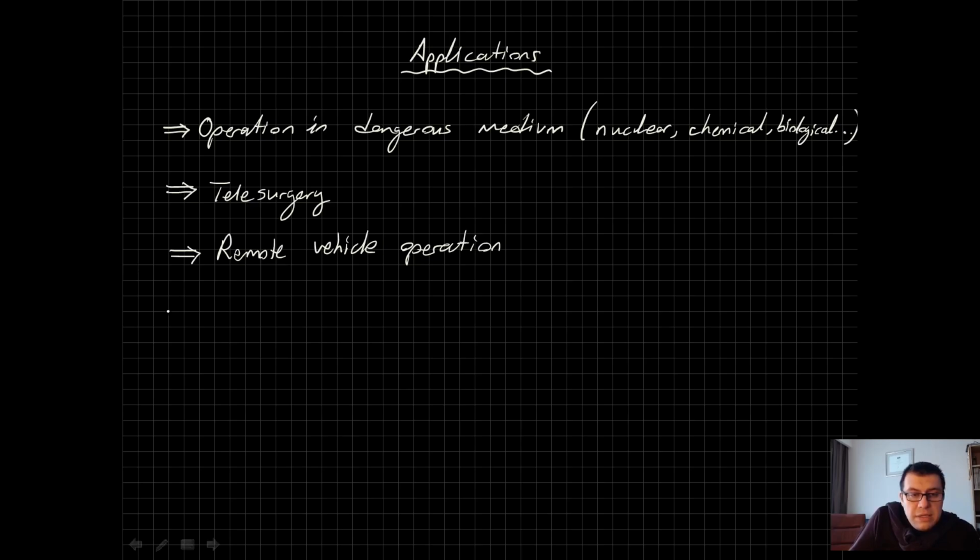Well, I can write here another item. Space robotics. Space robots. It's very costly to train an astronaut here on the Earth and send him up there to fix some part of the space station or to carry out some operation there.